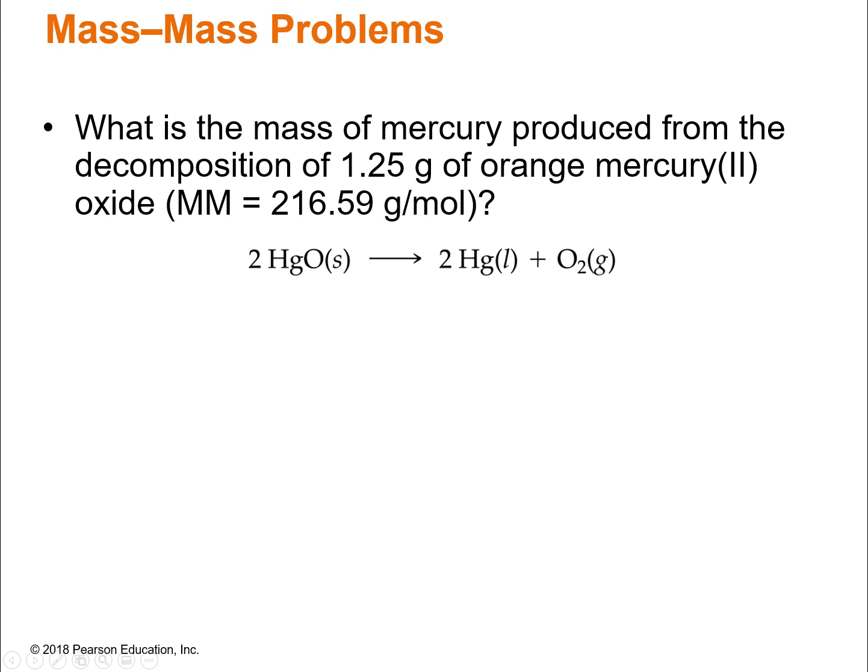What is the mass of mercury produced from the decomposition of 1.25 grams of orange mercury 2 oxide? Now, in this problem, it was written friendly enough to where we don't have to calculate a molar mass. So that's great. Here's what we know so far.